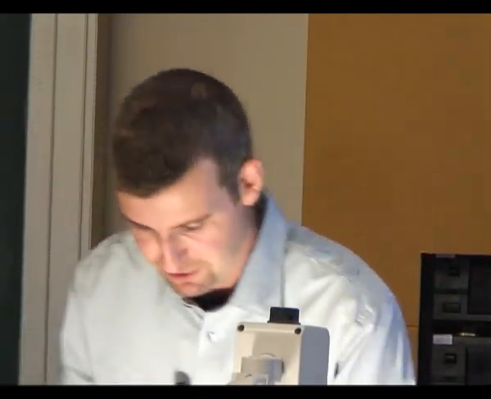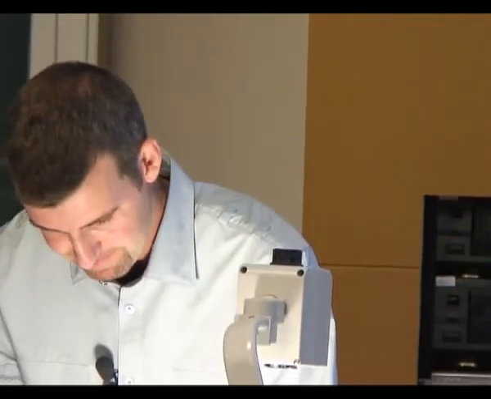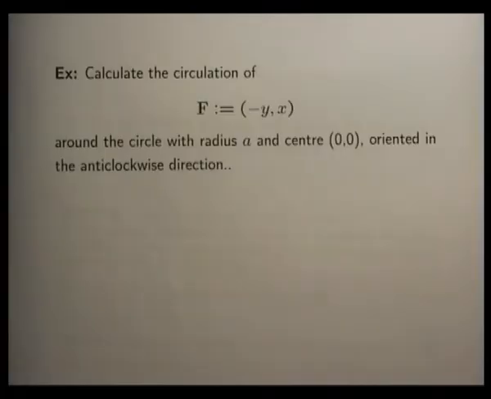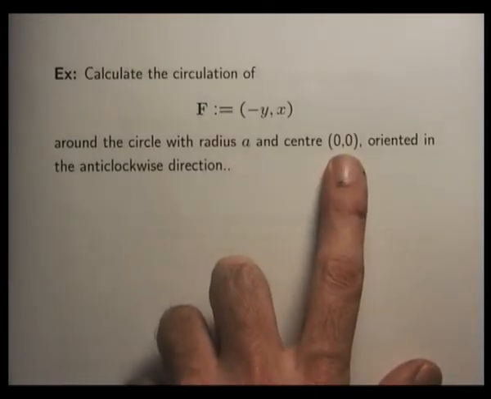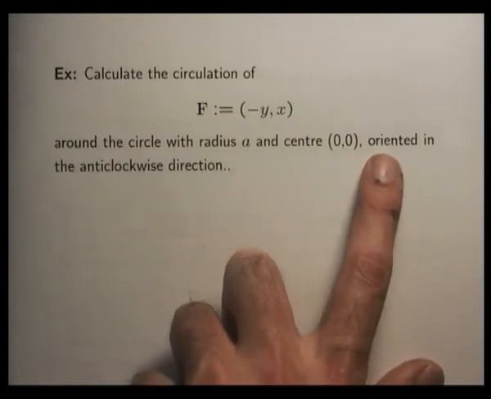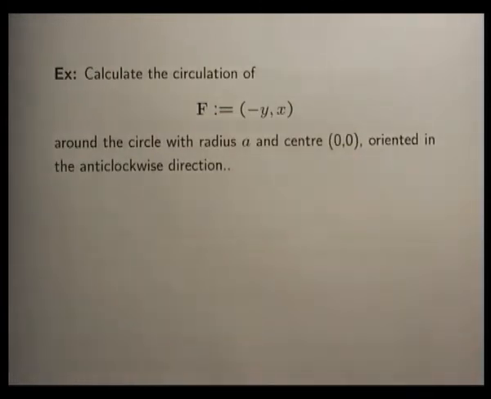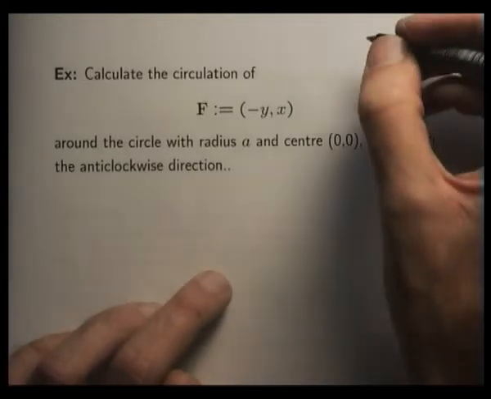Okay, so let's do an example. Calculate the circulation of this vector field around the circle with radius a and centre at the origin. We're going to orient it in an anti-clockwise direction, so we know which way the unit tangent vector is pointing.